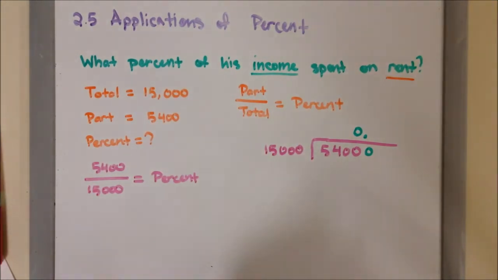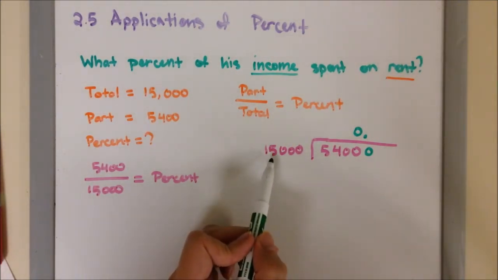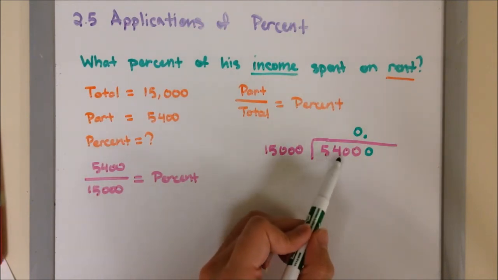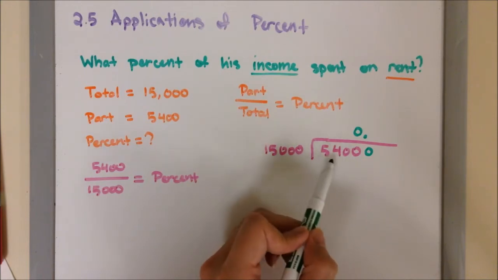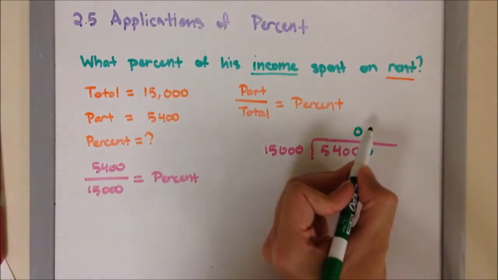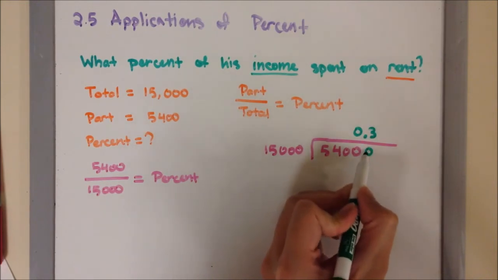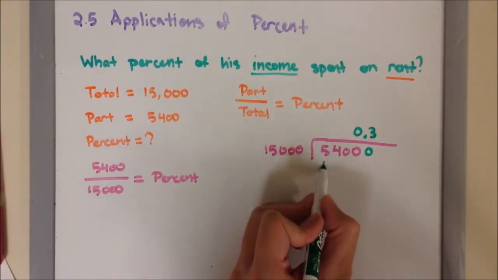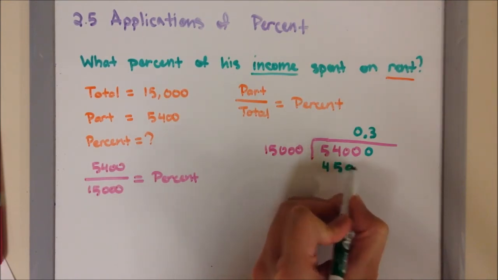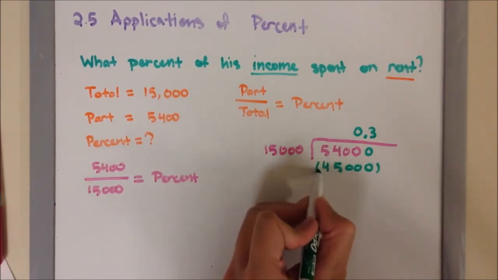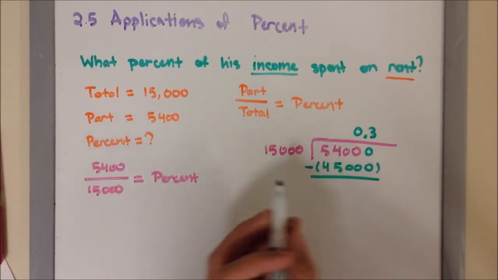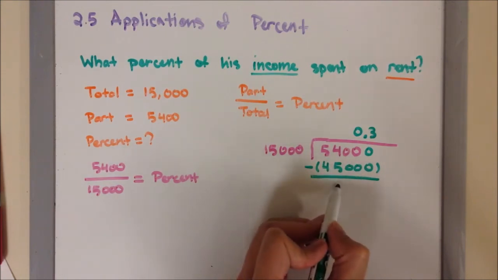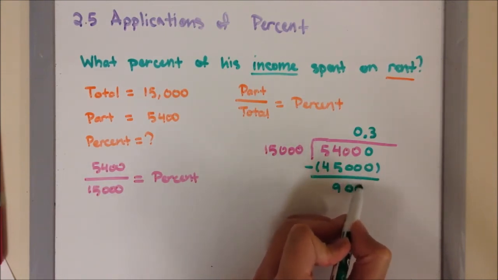It does. 15,000 can go into 54,000, my mistake, 3 times. I'm going to put 3 above the 0 that I wrote in. 3 times 15,000 is 45,000. 54,000 minus 45,000 is 9,000.